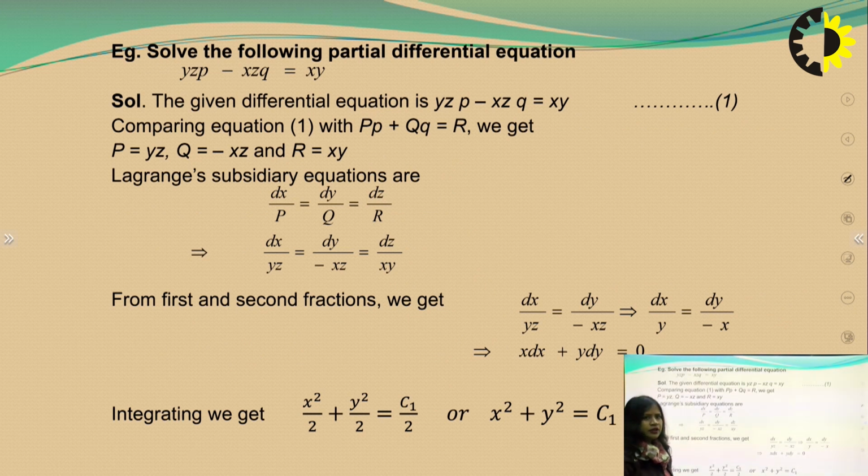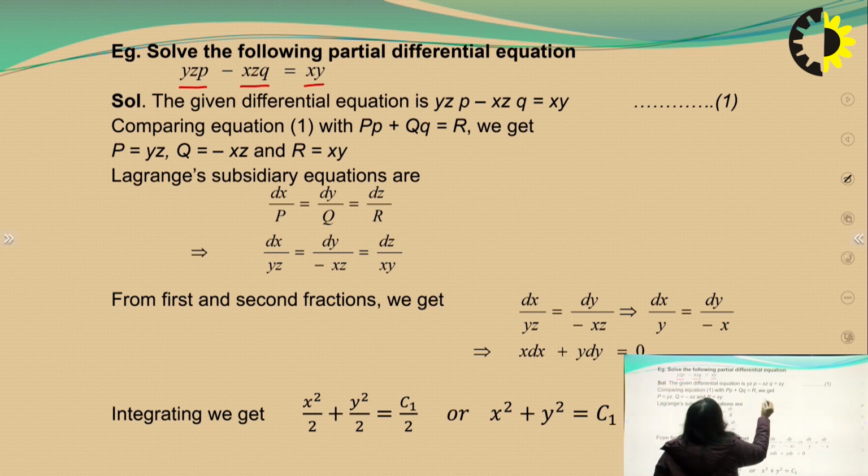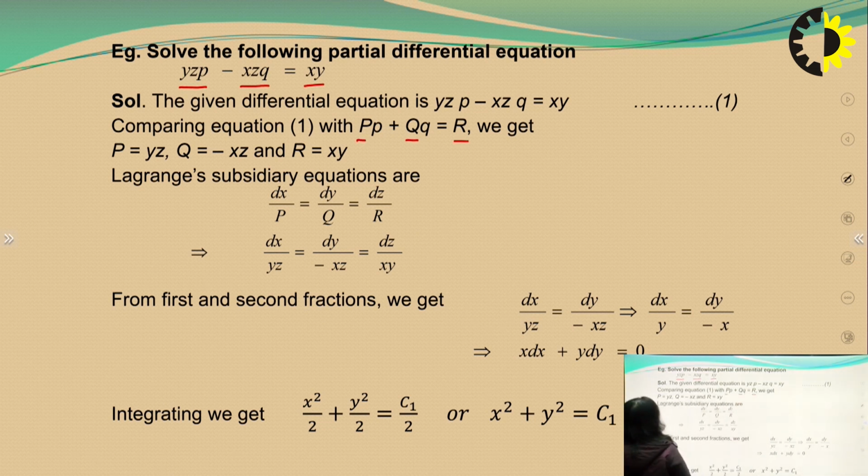We will solve the following partial differential equation: yzp minus xzq equal to xy. Here, as I discussed earlier, capital P, capital Q and capital R will be formed by comparison. So capital P turns out to be yz, Q turns out to be minus xz and R turns out to be xy.